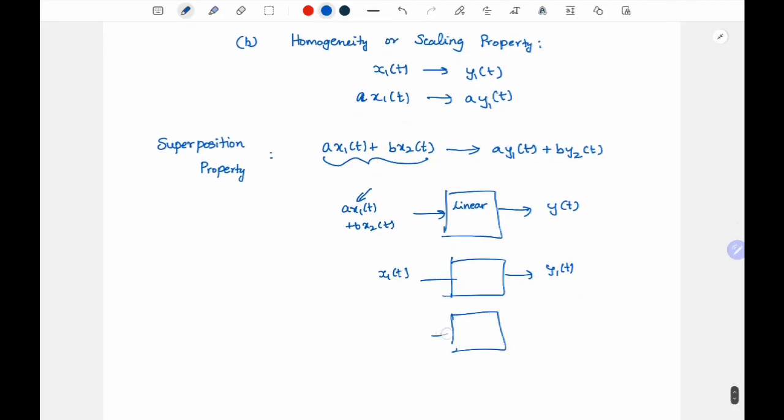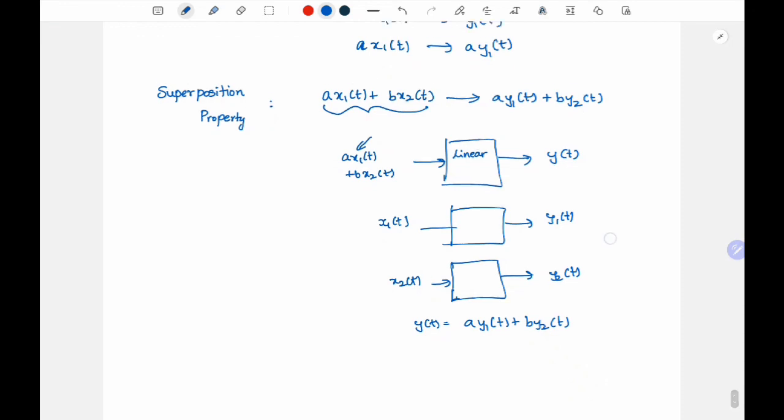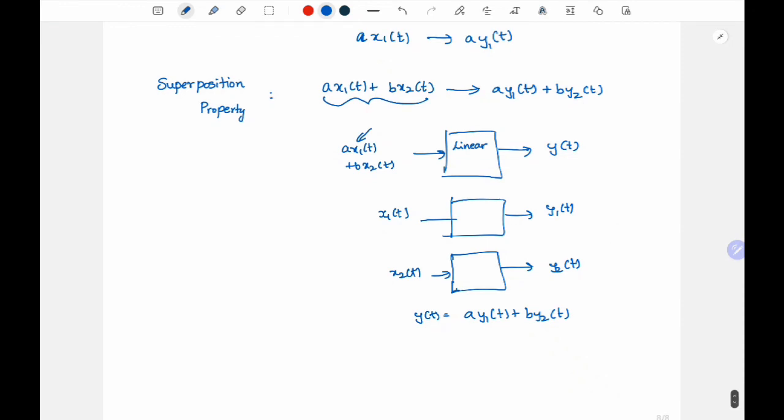Then you send in x2 of t and find y2 of t. Then you can write y of t as a y1 of t plus b y2 of t, superpositioning them, right? So this is a property of a linear system.